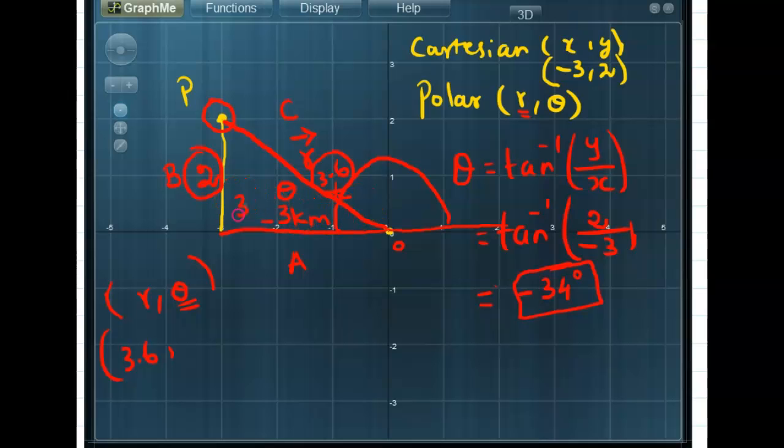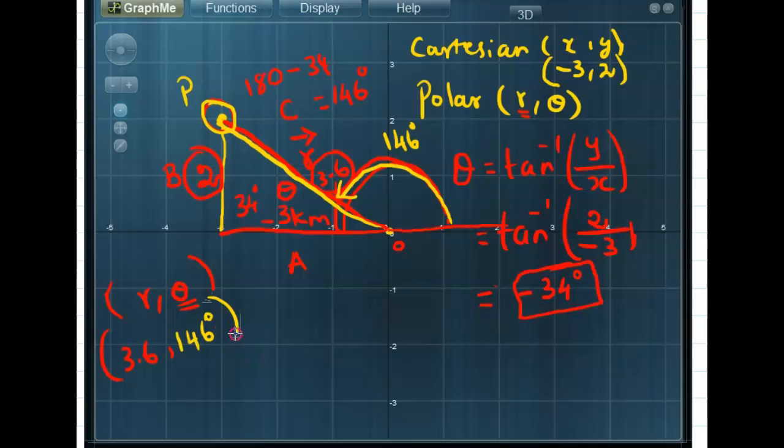So here is 34 and the total angle is 180. 180 minus 34 is equal to 146 degrees, which means you have to go from the x axis to this point. The total angle is 146 degrees, and if you walk 3.6 kilometers or 3.6 units, you will reach the location. So here we have to write 146 degrees.